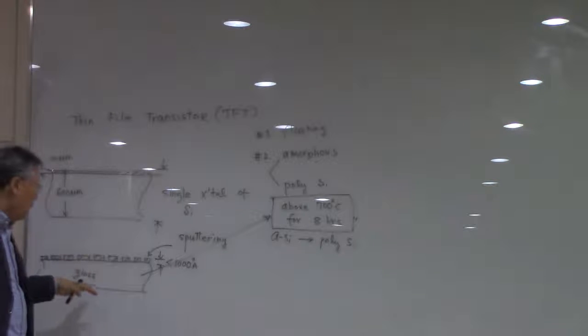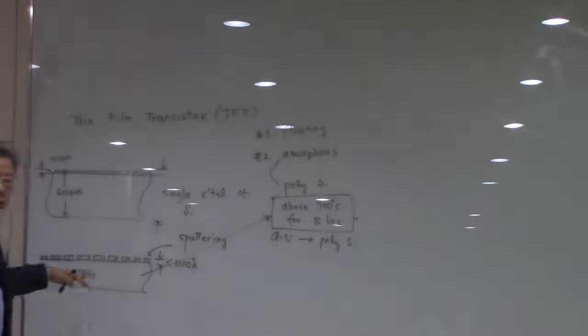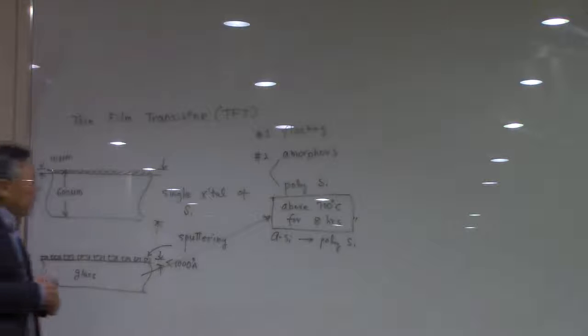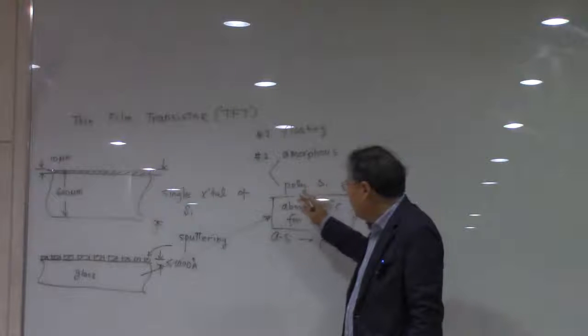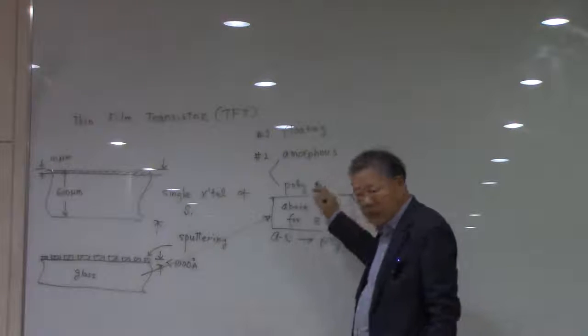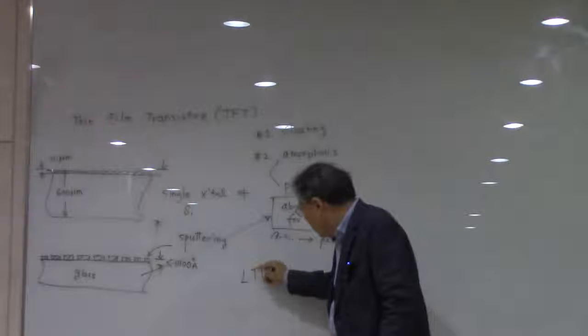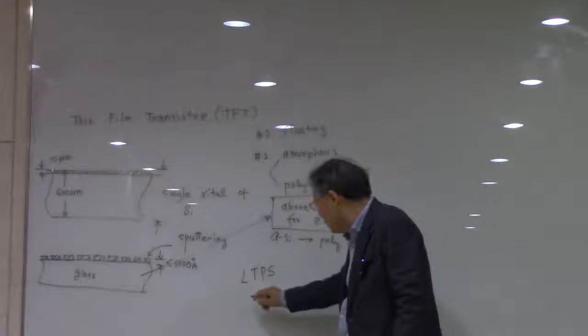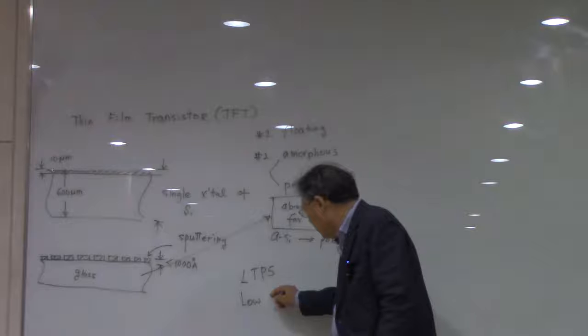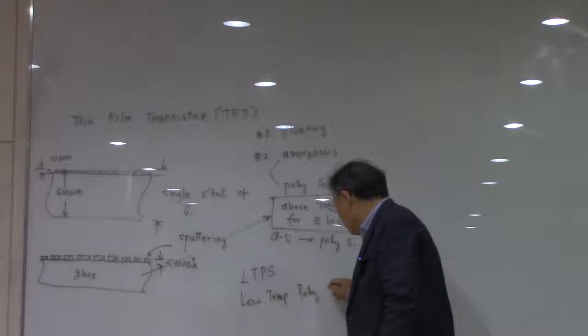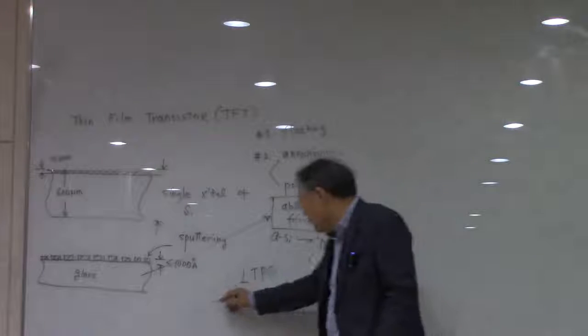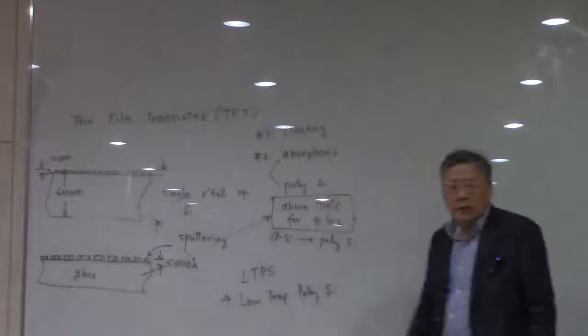We cannot use the polysilicon for the TFTs in the display devices. So if you want to use polysilicon TFTs, then you need low temperature polysilicon. This is the LTPS, low temperature polysilicon. This is a special technique.